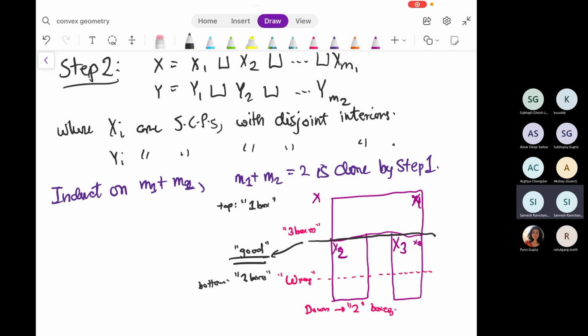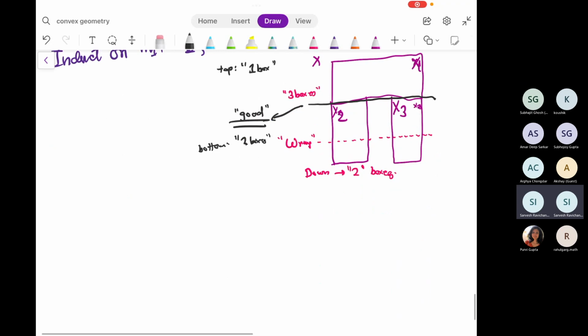And the other cut, given in pink or red, is a bad cut. The fact that there is always a good cut, always a way in which one can cut a union of SCPs in a convenient way so that one can apply induction, is what is called a Hadwiger Ohmann cut.